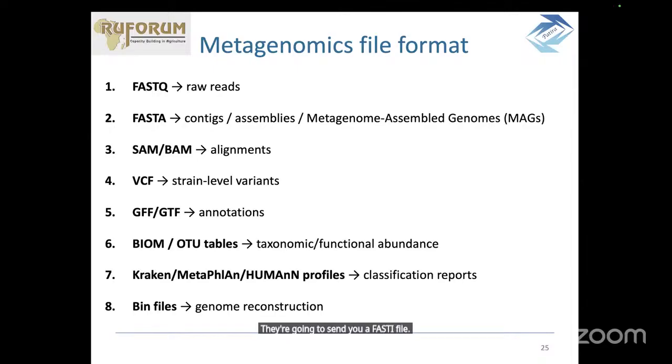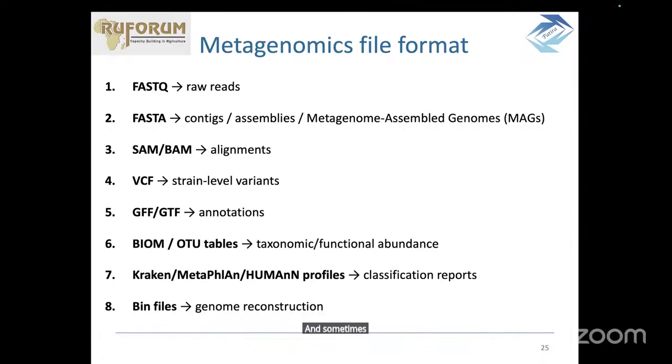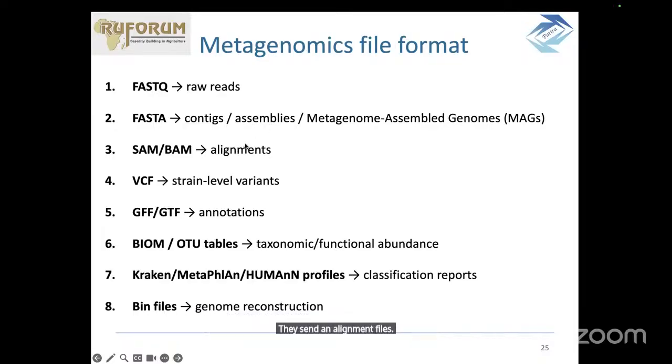It can be contigs, assembly, and so forth. And sometimes they do part of the analysis, and they send you BAM alignments. That's why we covered alignment, by the way. They send you an alignment file. Sometimes they go to the extent of analyzing the data up to the variant call file, and then they send you this. And sometimes they send you this type of file.